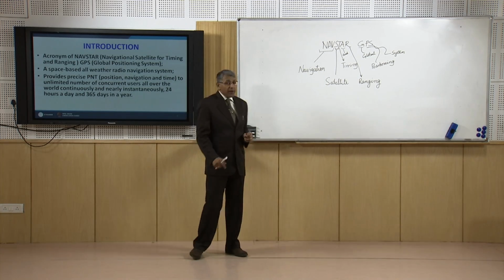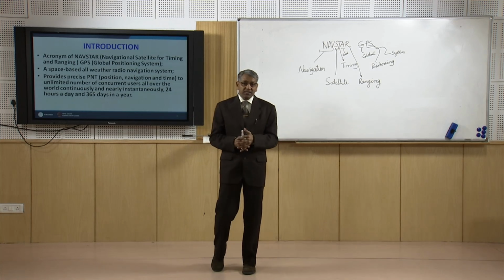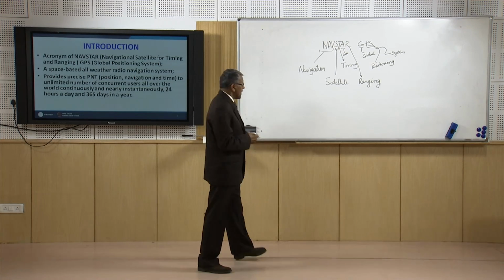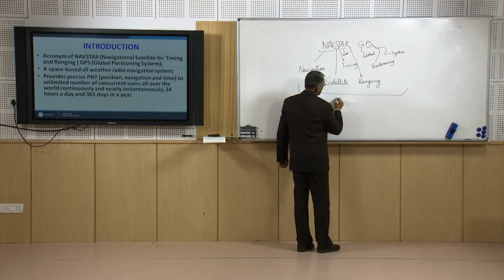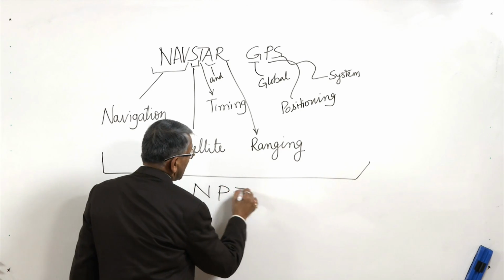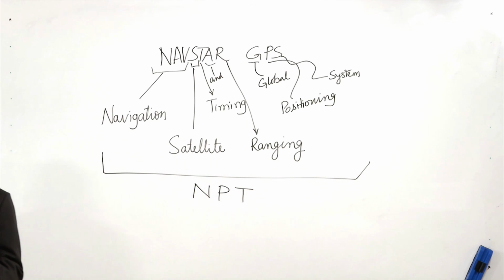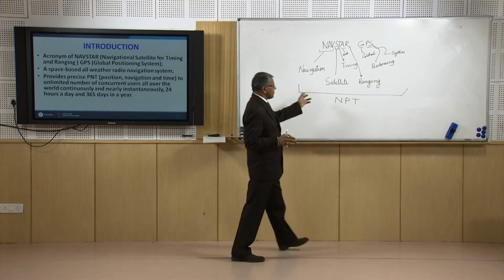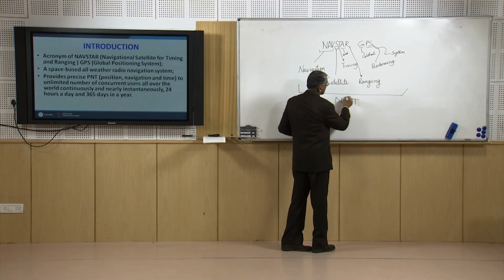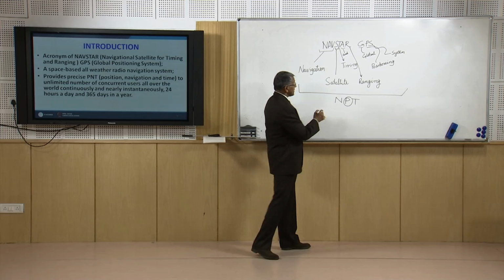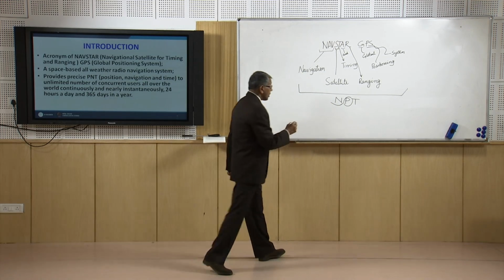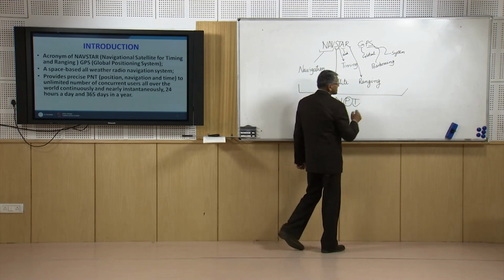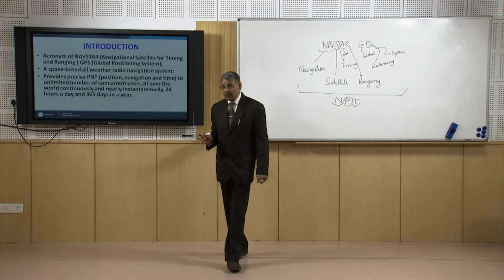Now it is a space based navigation system which provides us very accurate navigation, position and time. Though we are using this system for positioning, it is also very good for navigation, and a very precise system for finding time.